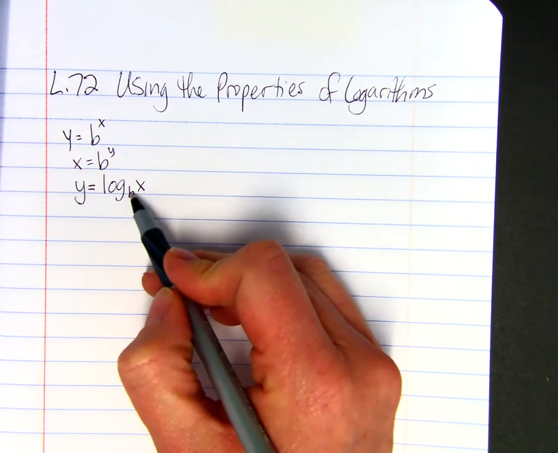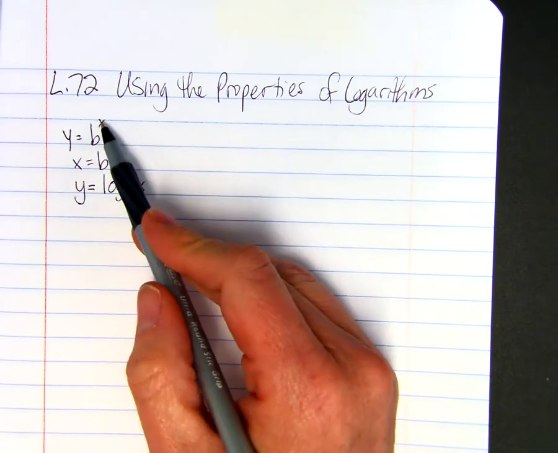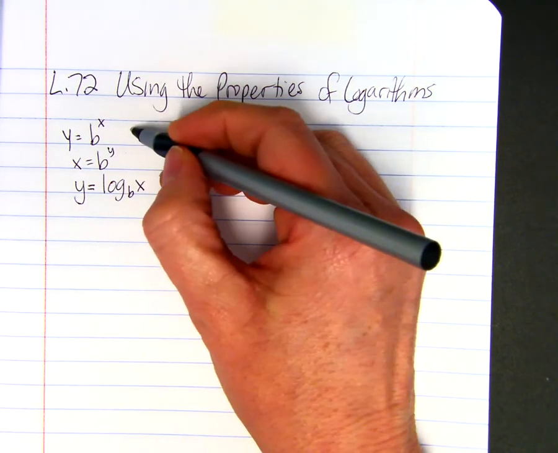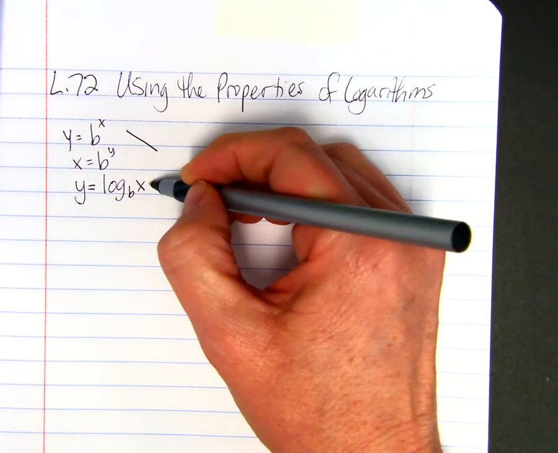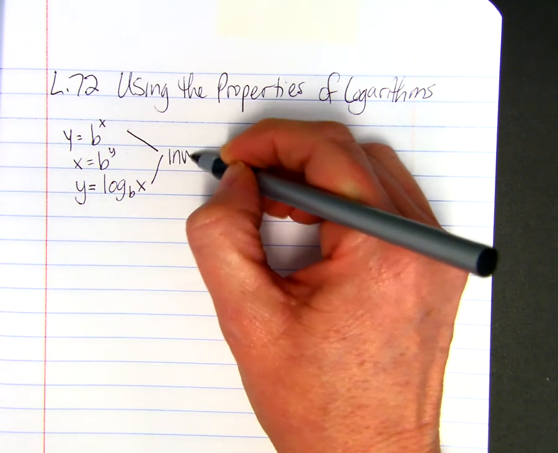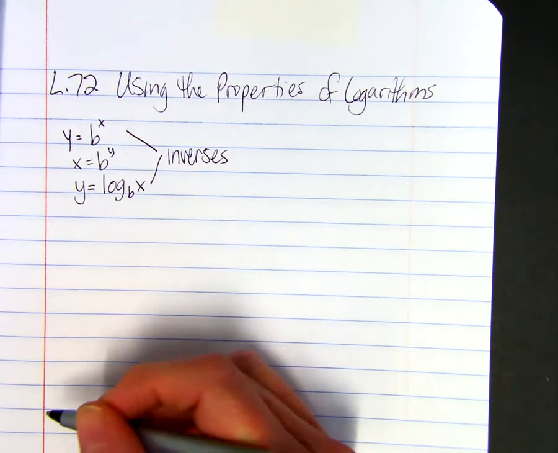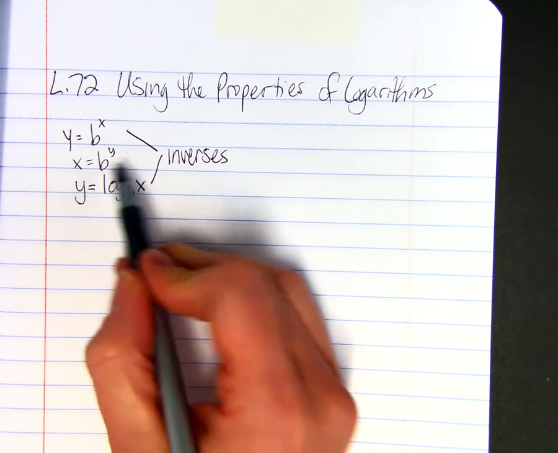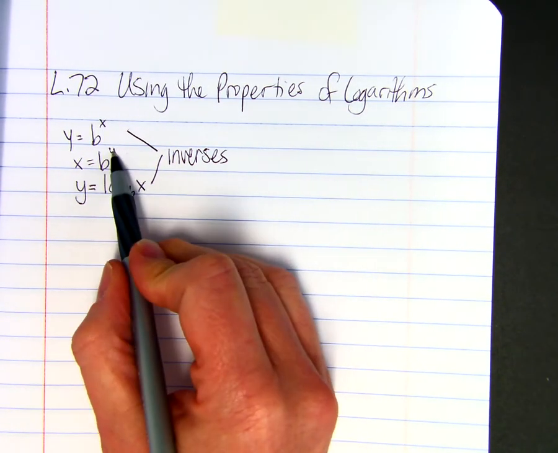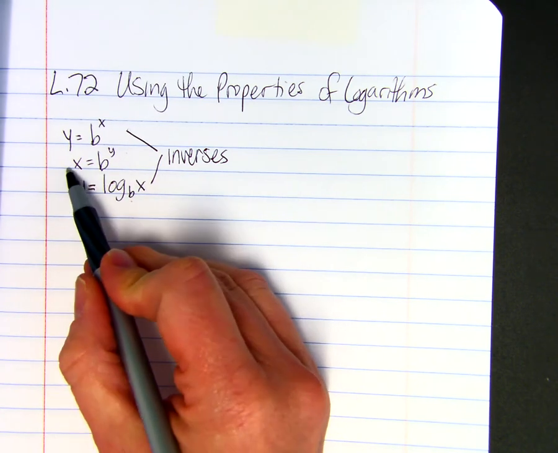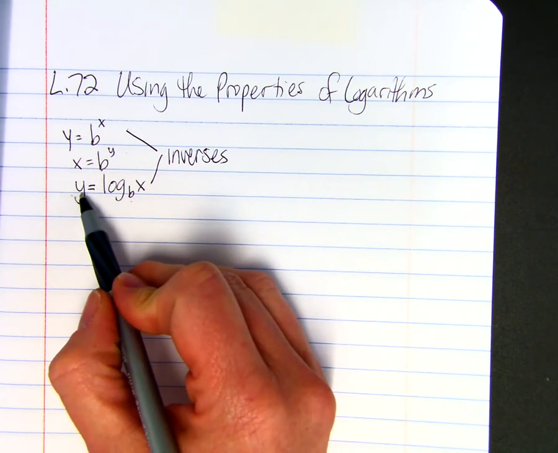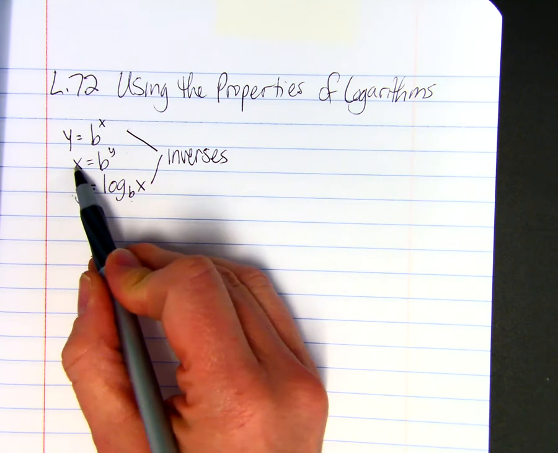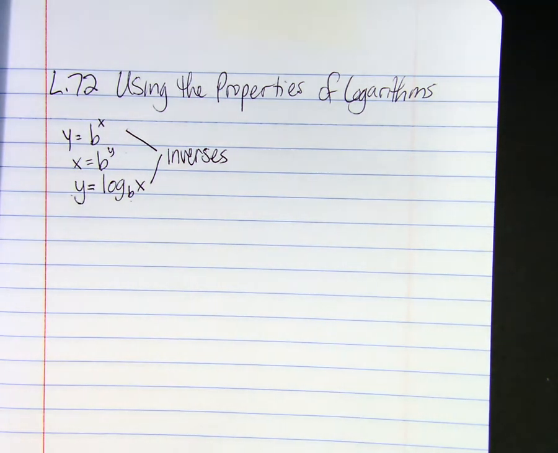And that would be the inverse of the original equation. So these two are inverses. So remember that the base b goes here, the exponent, what it equals, goes out here, and the x itself would be with the base.